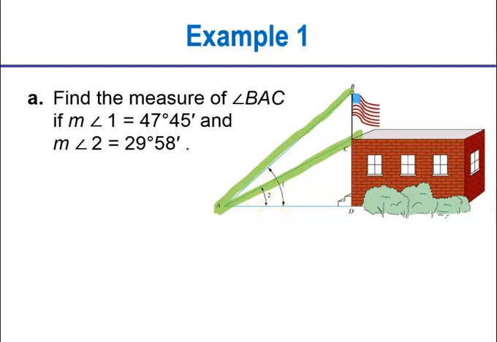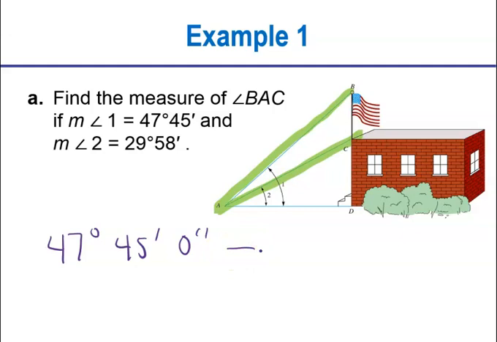So how would we find the measure of angle BAC? Well, how about we subtract 2 from 1? So angle 1 is 47 degrees, 45 minutes, by the way, that's notation, degrees, minutes, and 2 lines would be seconds, so that's like 0 seconds. So you can see that notation.